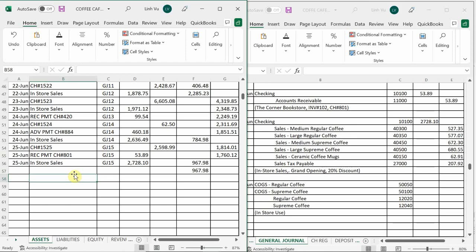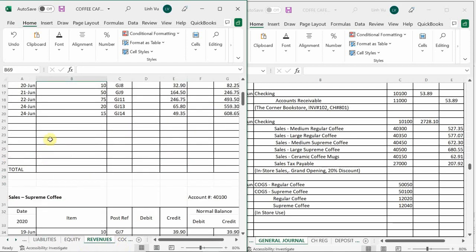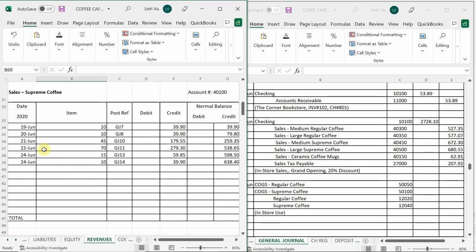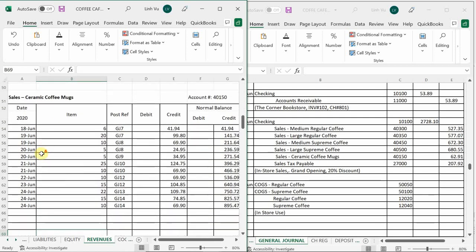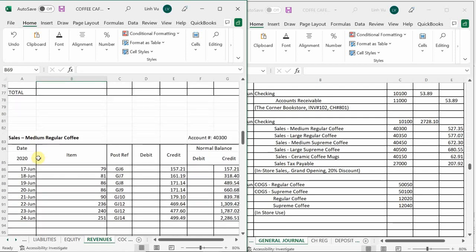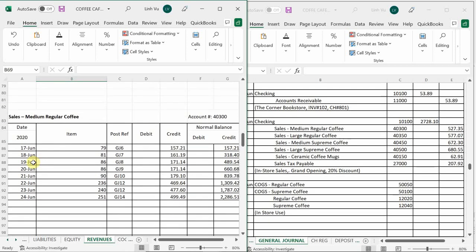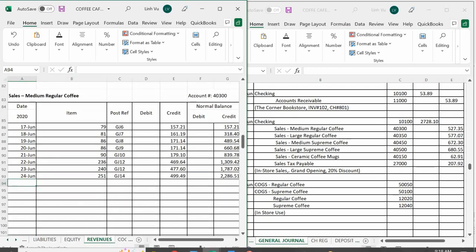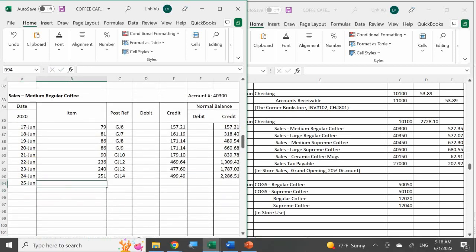And then I need to go through all of my sales. Starting with the first one, my sales for the medium regular coffee. How many cups did I sell?